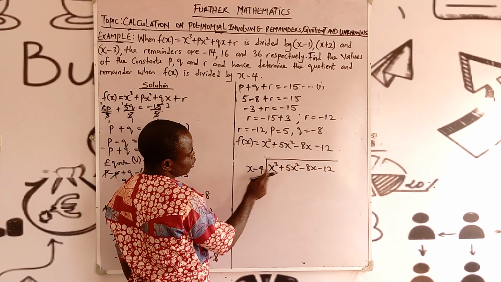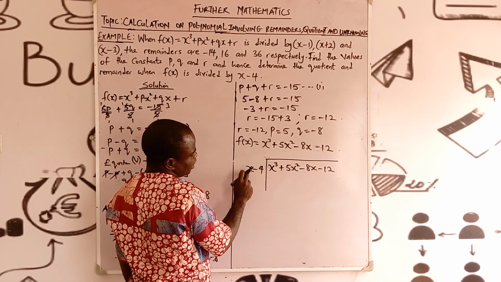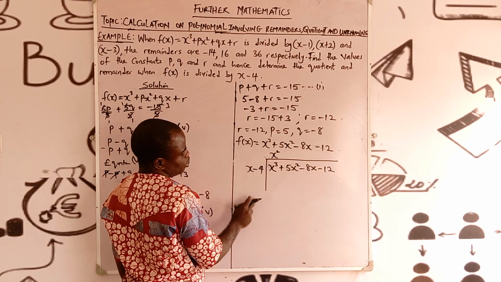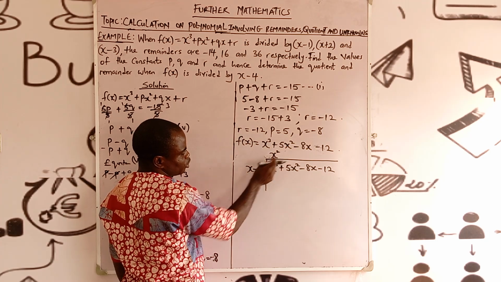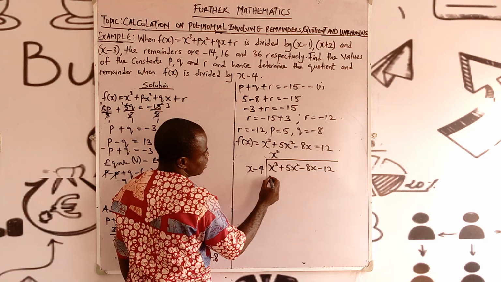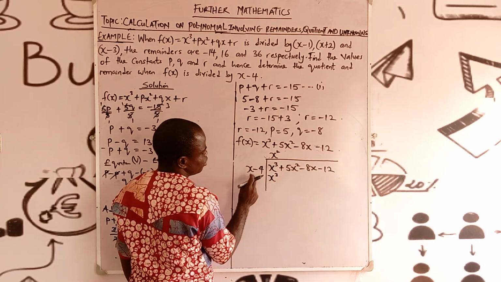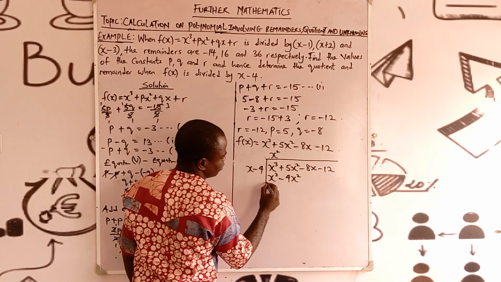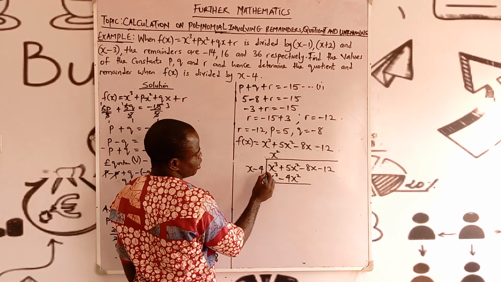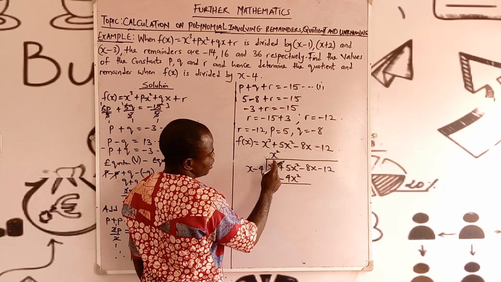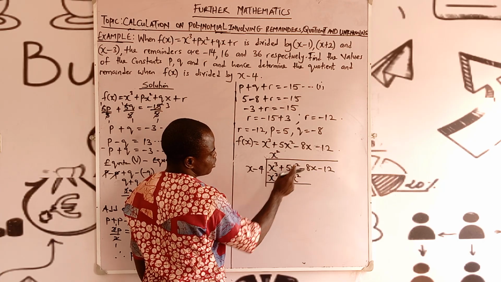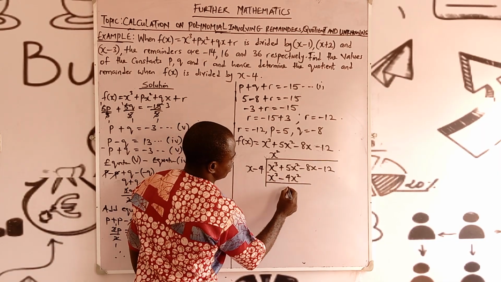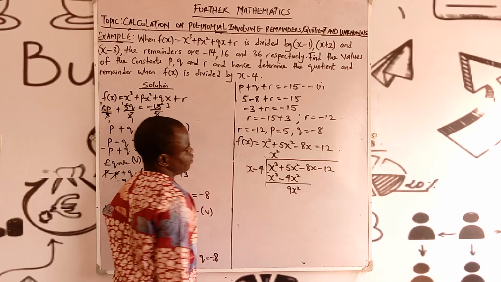We want to get the quotient and the remainder. What can you multiply with x that will give us x cubed? That's x squared. We multiply x minus 4 by x squared: x times x squared is x cubed, minus 4 times x squared is minus 4x squared. We subtract: x cubed minus x cubed is 0, 5x squared minus minus 4x squared is 9x squared.